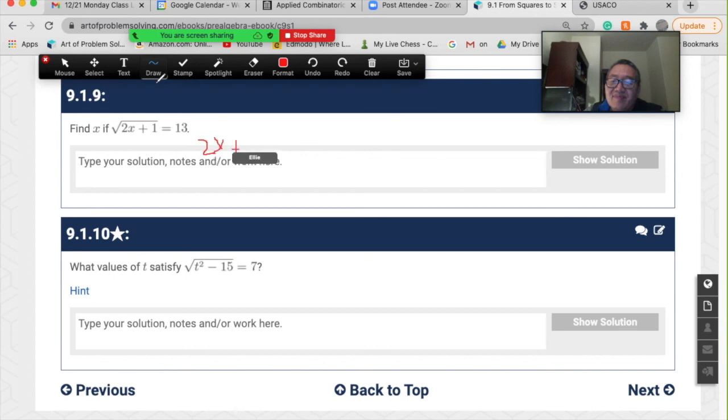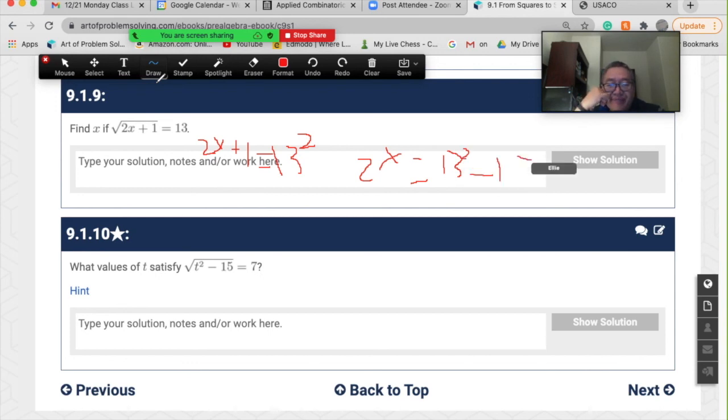Root of 2x plus 1 equals 13, square both sides. Yes. That means 2x equals 13 squared minus 1.